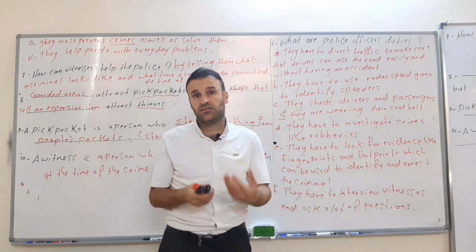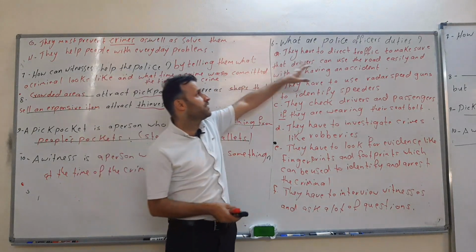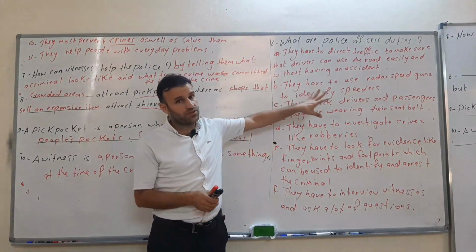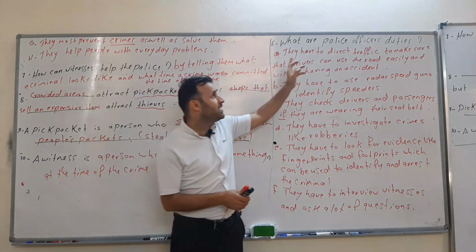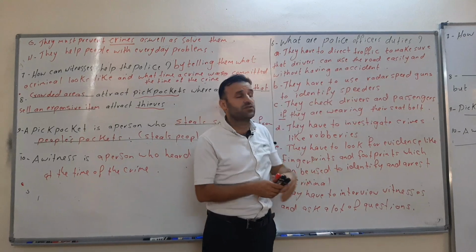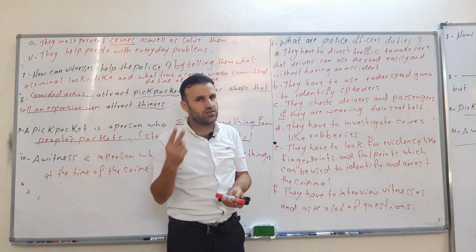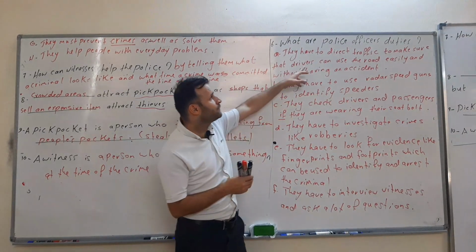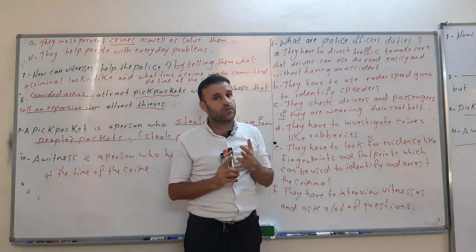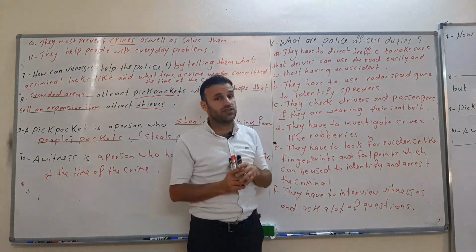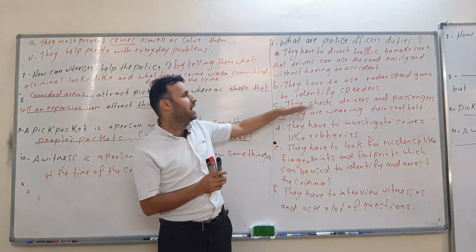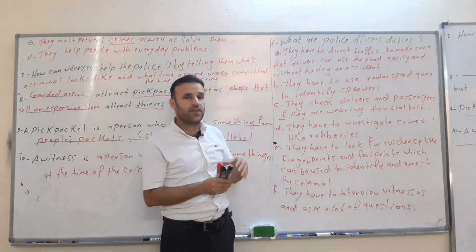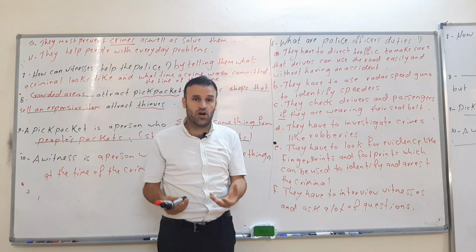Then we're going to talk about what the police officers' duties are, and this is a very important question. In the final exam, maybe it's going to mention this, what are police officers' duties, but mention two, just mention two. They have to direct traffic to make sure that drivers can use the road easily and without having accidents. They have to use a radar speed gun, they have to check drivers and passengers if they are wearing seat belts or not.